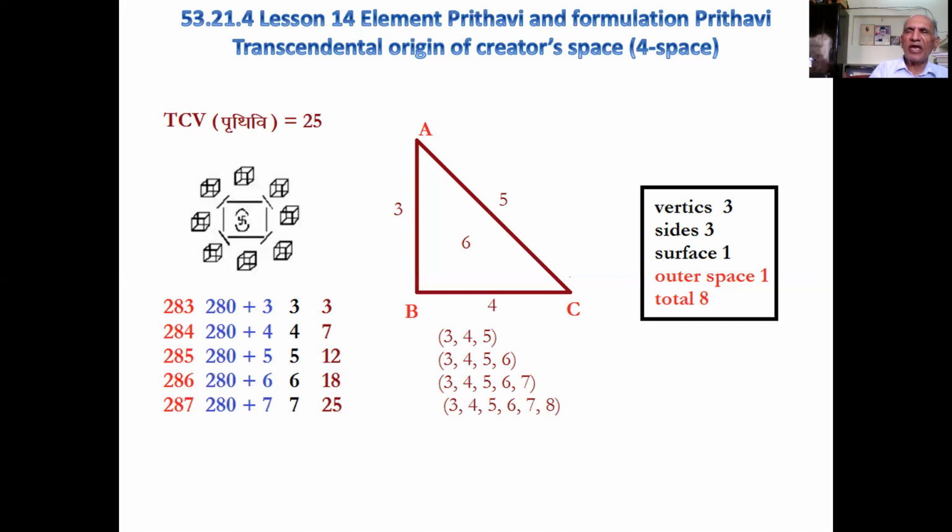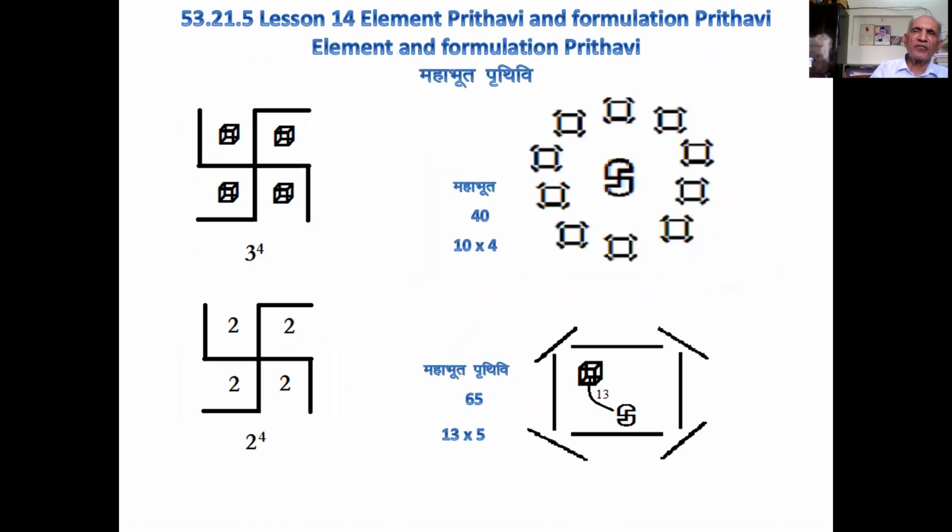We know that a four-directional frame which had taken us to value 287 is in fact a transcendence range beginning with the value 283 and reaching up till value 287: 283, 284, 285, 286, 287. See, these values are 280 plus 3, 280 plus 4, 280 plus 5, 280 plus 6, and 280 plus 7.